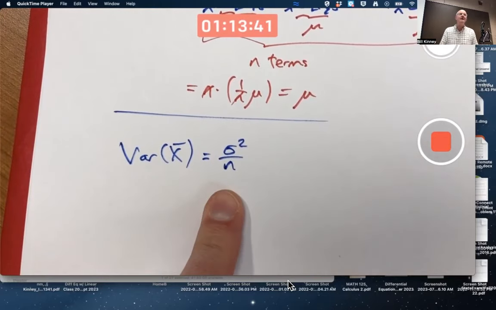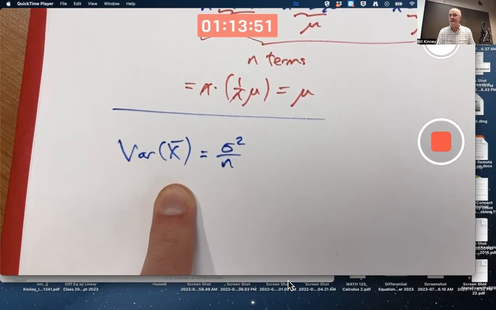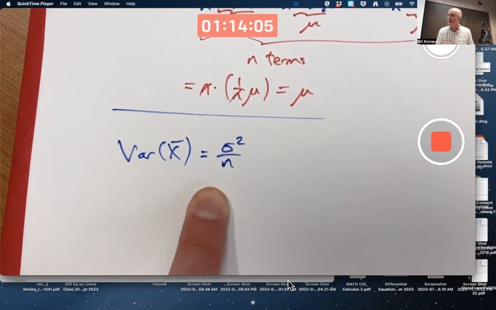It's a good thing that you divide by n here, because what this tells you is that larger sample sizes result in sample means with smaller variances and smaller standard deviations, meaning they're better estimates when you get observed values of the population mean, mu, because the variance and standard deviation of X bar is smaller when n is larger. So this is a very good thing.